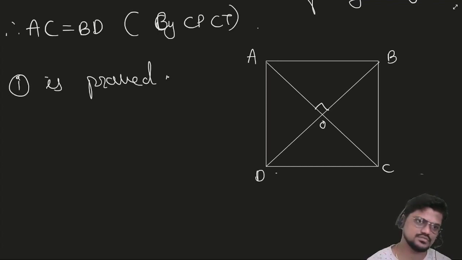Then we know that angle AOB plus angle BOC is 180 degrees. So 2 times angle AOB is 180 degrees. Therefore, angle AOB is 90 degrees. So we can prove it.